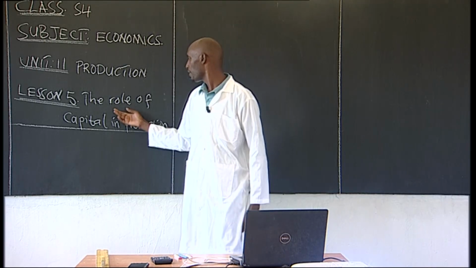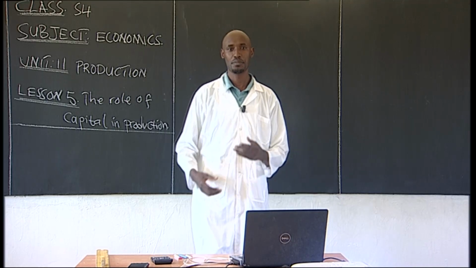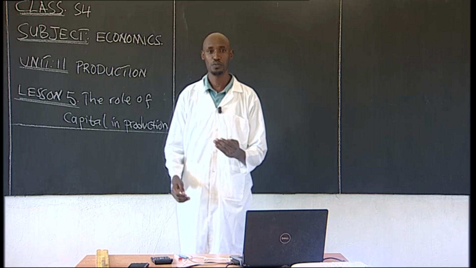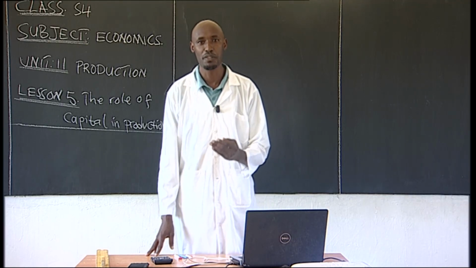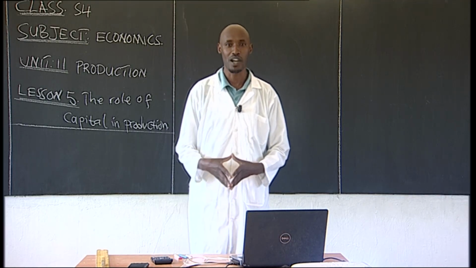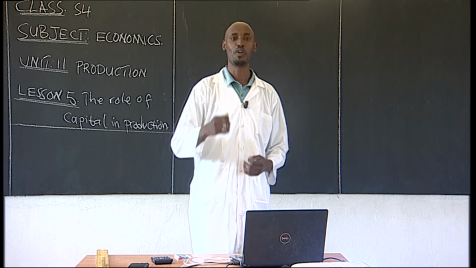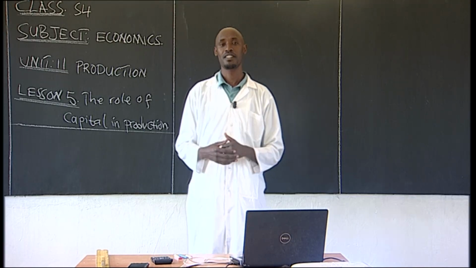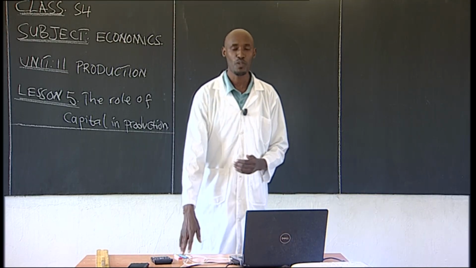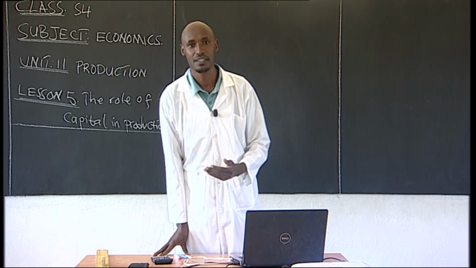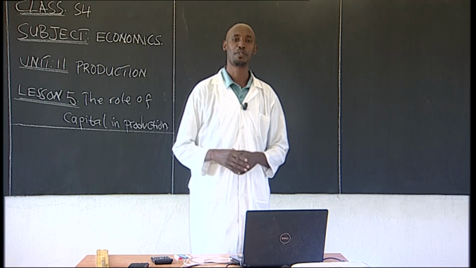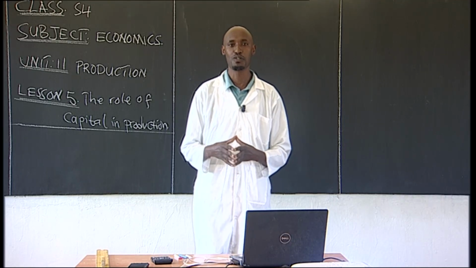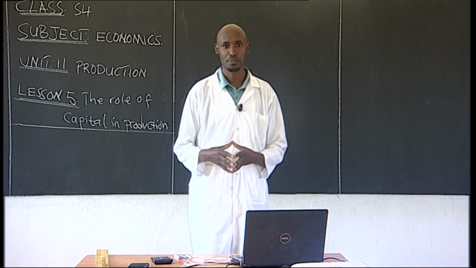Good, but as usual, I would like to review the previous work, so that we proceed when we know how much we have covered. So who can tell me what we looked at? Good. We looked at capital as a factor of production.